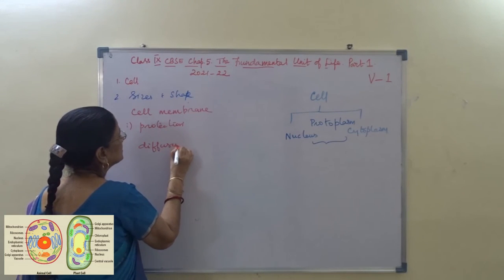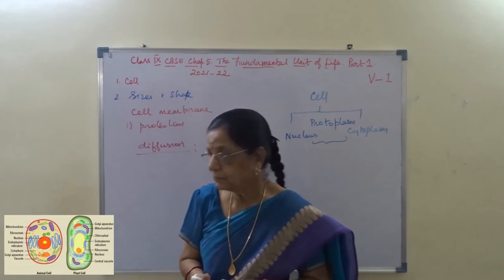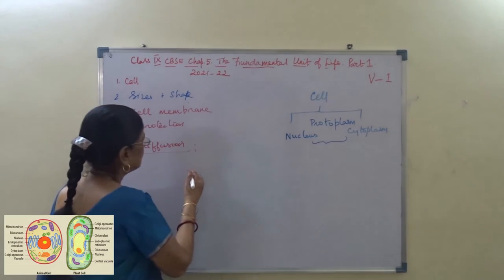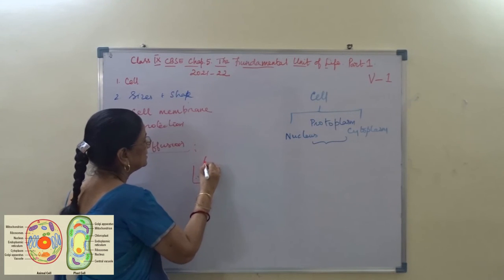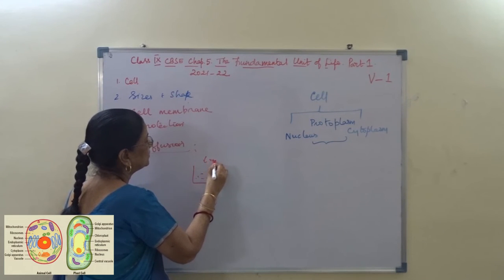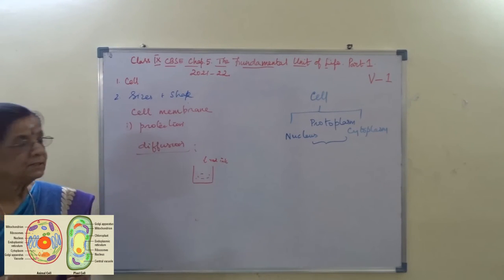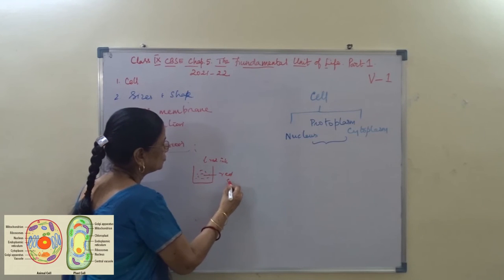We come across a term called diffusion, which is a physical phenomenon. For example, you take a beaker with water, then add a drop of red ink. It spreads, forming a red color solution.